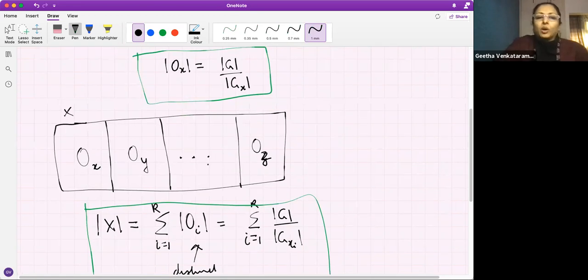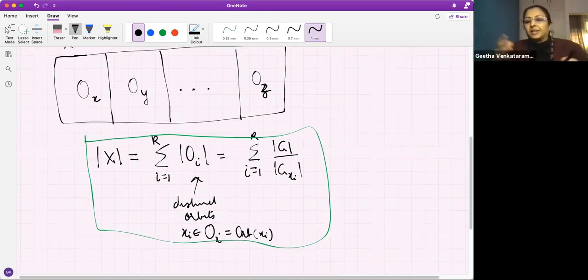But you can also think of orbit as the equivalence class coming out of that equivalence relation where we said that X is related to Y if there's a g in G such that g dot X is Y. You can prove that that is an equivalence relation, and the equivalence classes are nothing but your orbits.